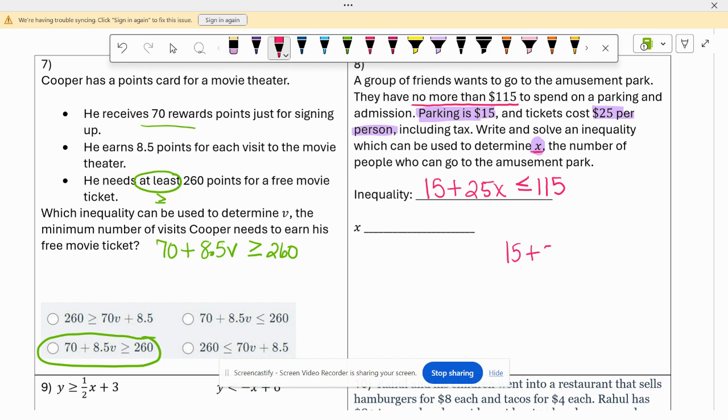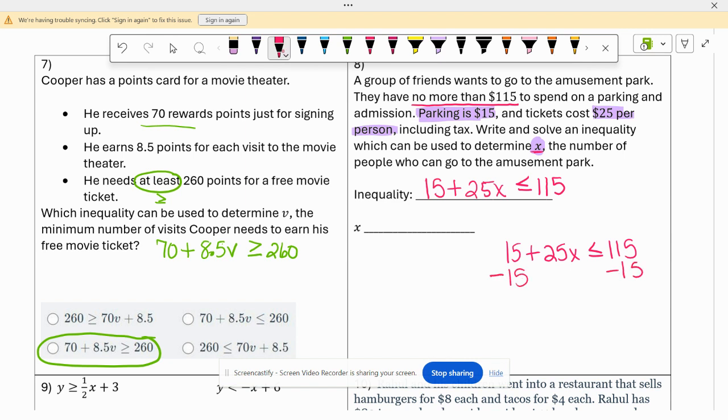How are we going to solve this? What do you want to do first, Kimber? So I can't do anything with the 25 because it's attached to an X. Yeah, good job.